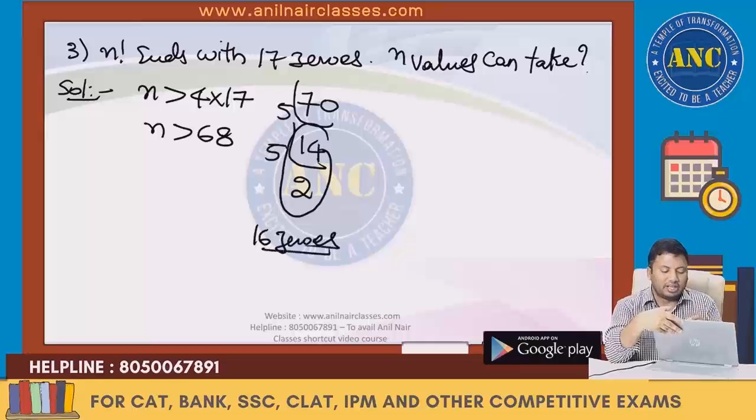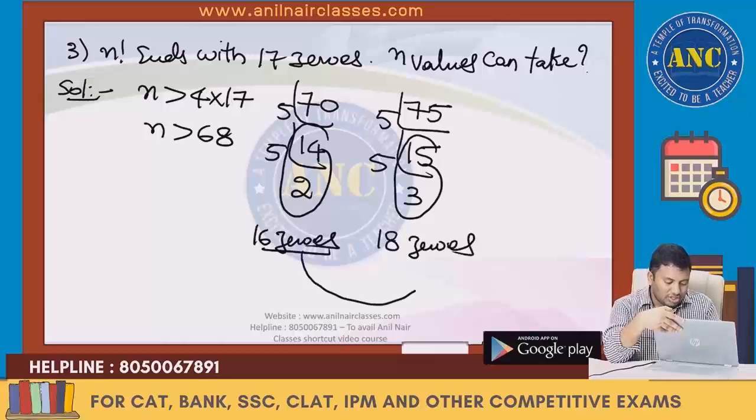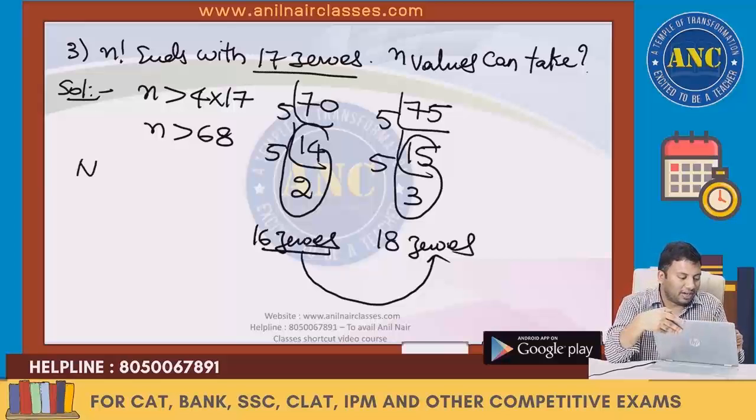I want 17 zeros. Take the next multiple of 5. 5 15s are 75. 5 3s are 15. 15 plus 3 is 18 zeros. 16 zeros jump to 18 zeros. 17 zeros I am not finding. So no value of n exists.